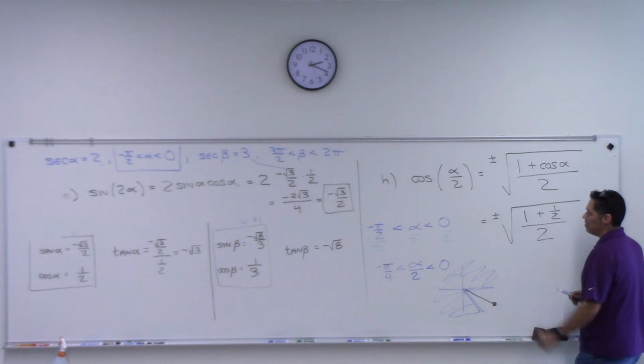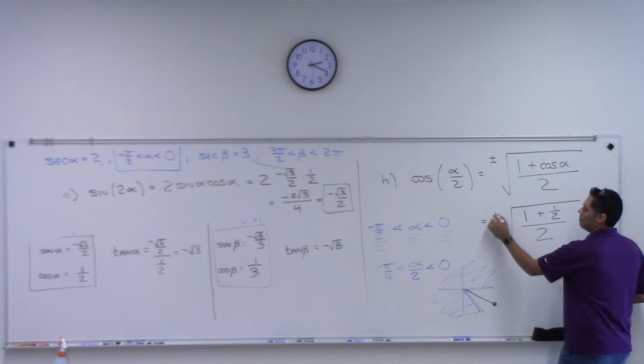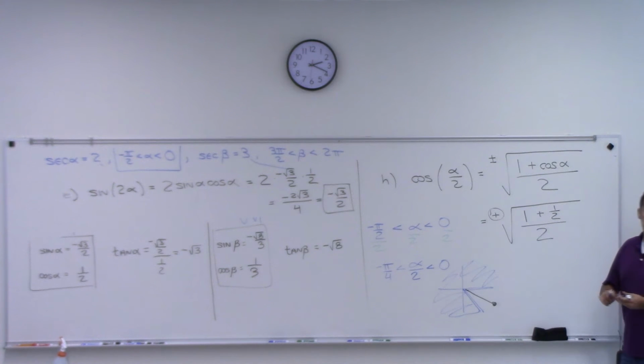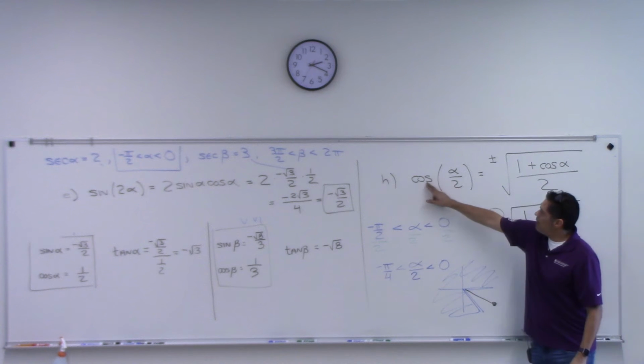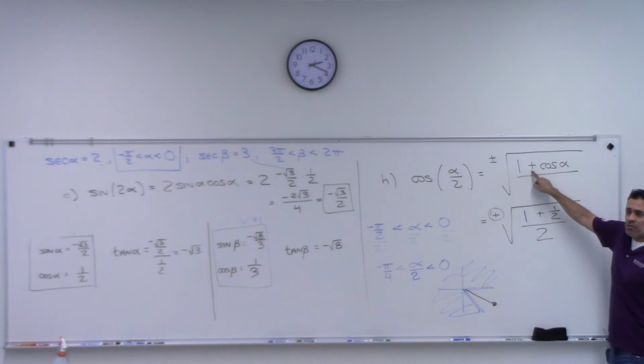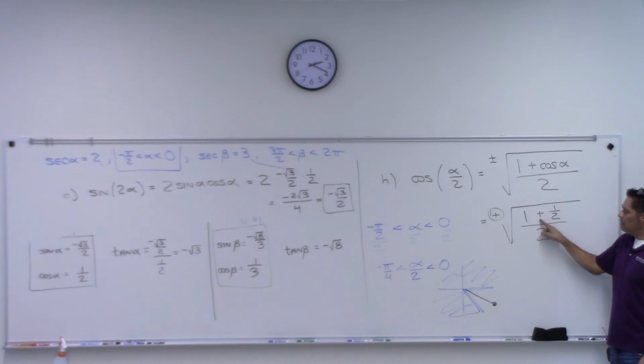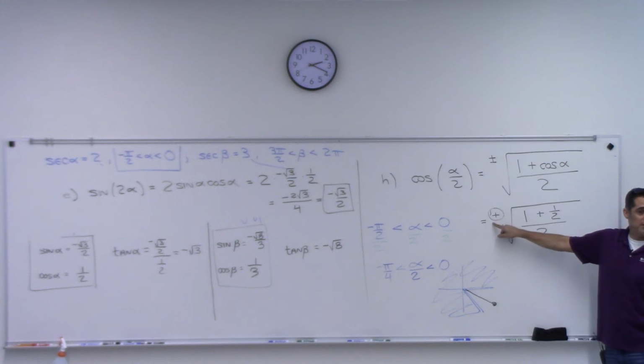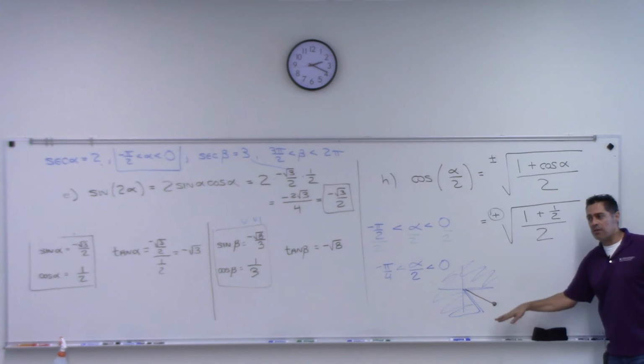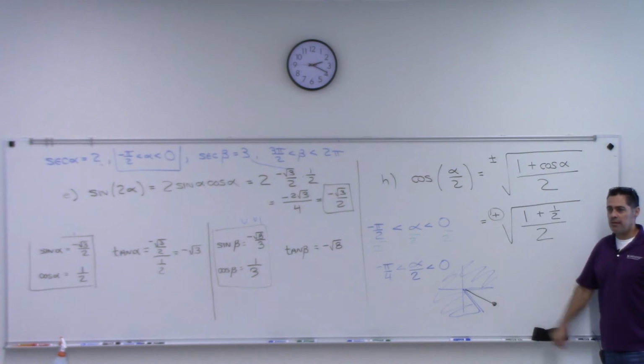Now, what if I had asked you for sine of alpha over 2? That would change to a minus, right? Because that's your y coordinate, so you'd be down, wouldn't you?